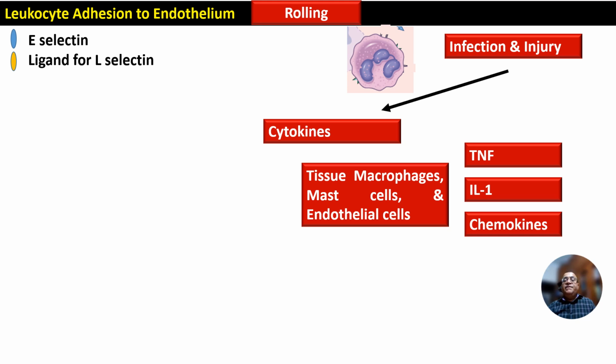Whenever there is infection or injury, there is release of certain cytokines by the neutrophil and also by the surrounding or other cells. TNF, interleukin 1 and chemokines are generated by tissue macrophages, mast cells and endothelial cells.